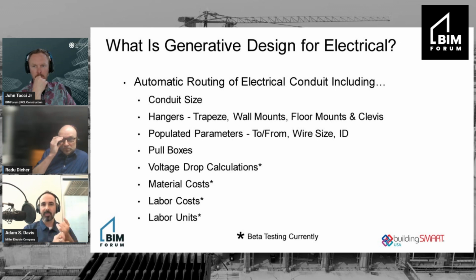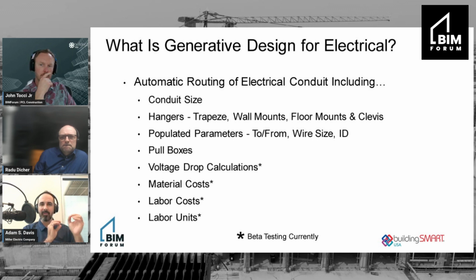Things like voltage drop calculations considered as we're doing design, material costs, and labor units are in this learning and iteration. I'll have a slide that alludes to that. And then labor units as far as hours in the field. So we're going to look at those things.